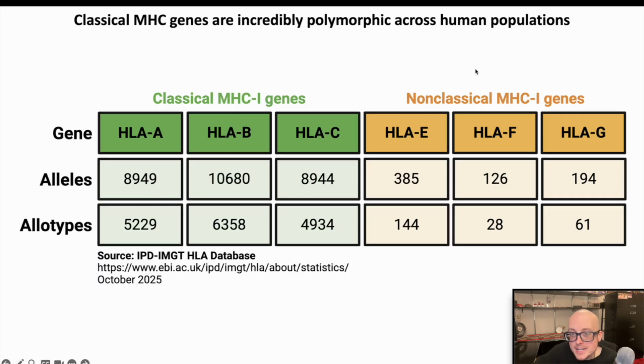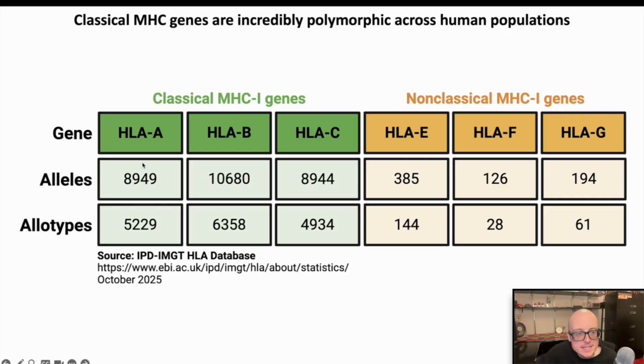But if we compare it to the number of known alleles for the non-classical MHC1 genes, E, F, and G, notice these numbers are much smaller, orders of magnitude smaller, essentially. Again, that's because there is no reason to have so much variation in these non-classical genes because they do not need to interact with all of the possible variations of antigen that the classical MHC genes need to.